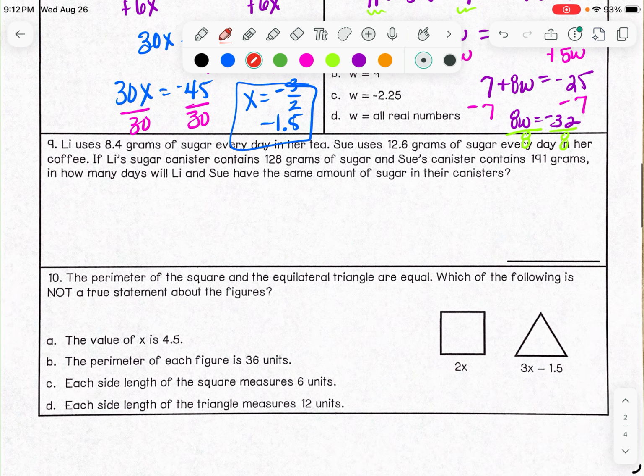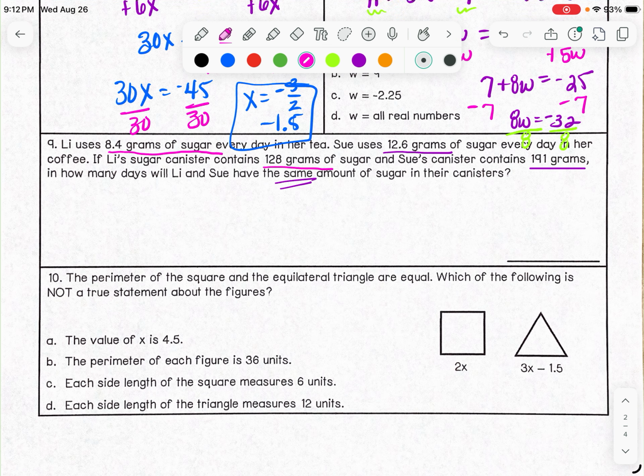Okay, now number 9. Lee uses 8.4 grams of sugar in her tea, right? It gives us that information. And we know that she starts with 128 grams. And Sue uses 12.6 and she starts with 191. And you just want to see where they're the same. And we know same means equal.